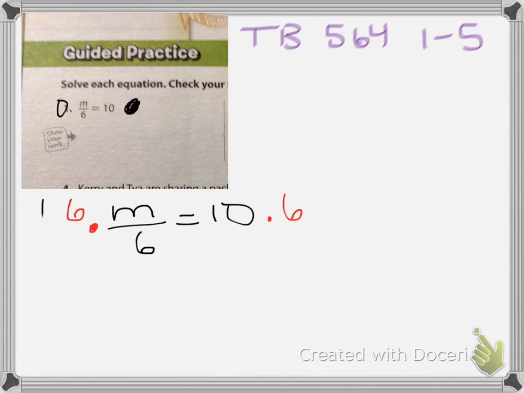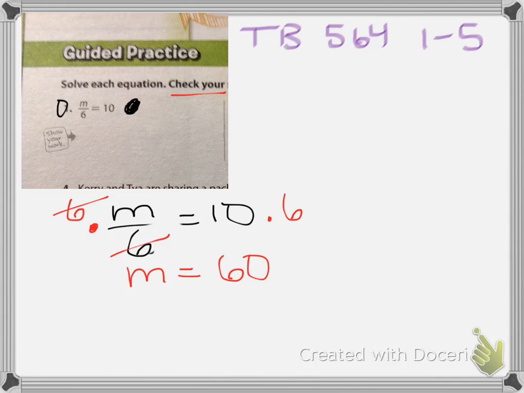You don't even need to have that number 1 there because I'd rather you just be able to see the work. Then we can simply cross simplify out the 6's and we're left with m equals 60. So that's our first step.